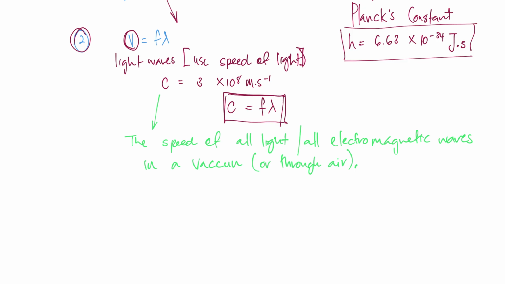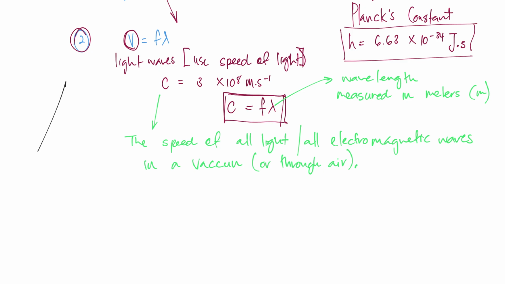Right? Lambda, we know, is the wavelength, which we've looked at a little bit. And it is measured in meters. So if they give you something in kilometers, you need to make sure that you know how to do that kind of a calculation.